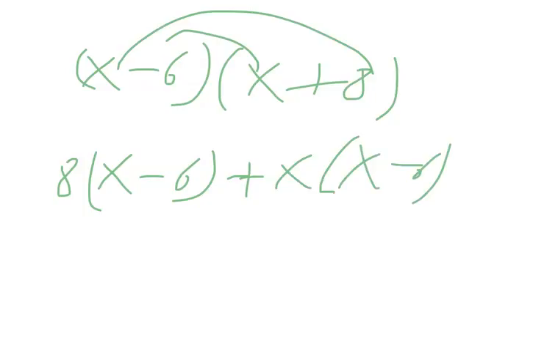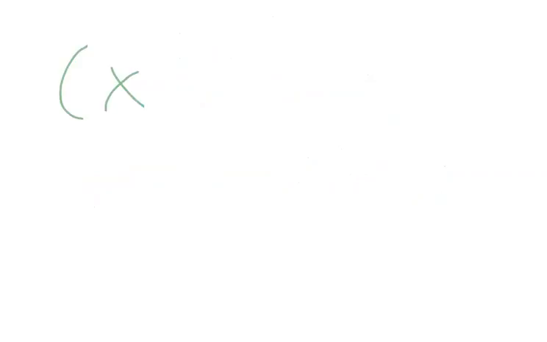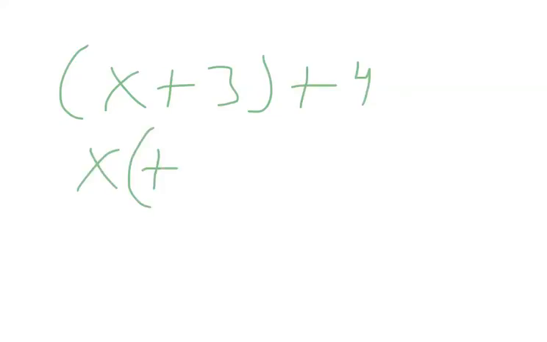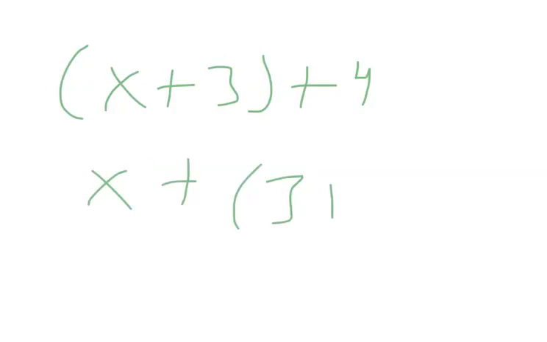So that's basically the distributive property. It's not really associative. Associative property is like if you're doing x plus 3 plus 4, something that's associative.